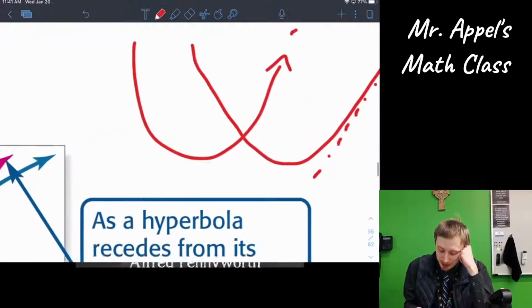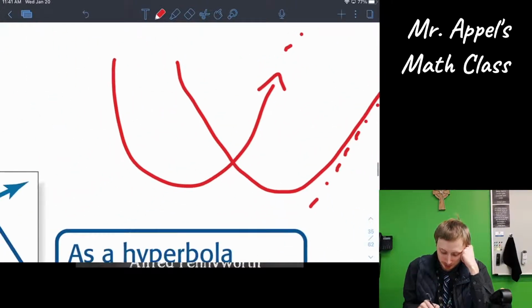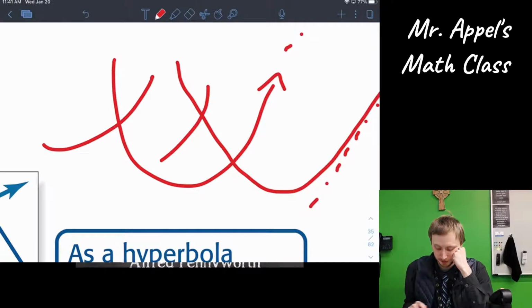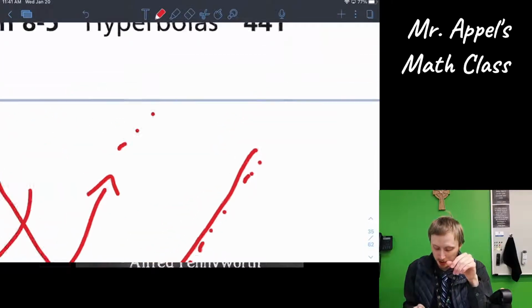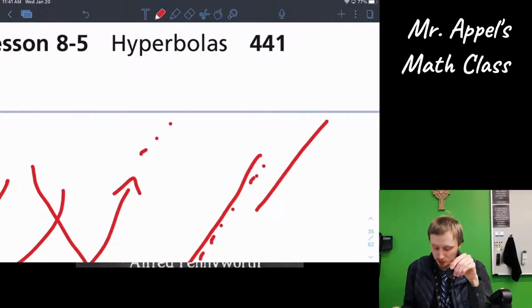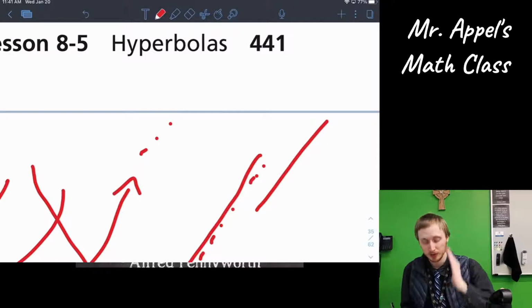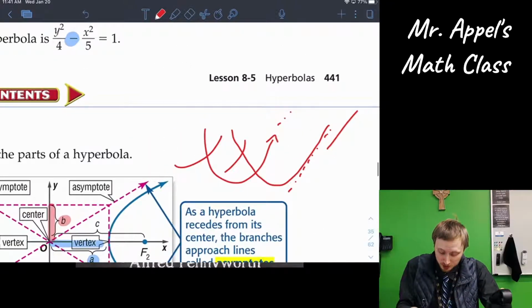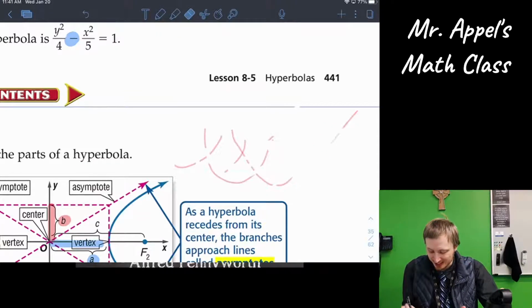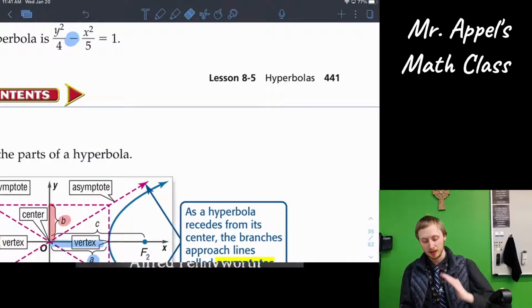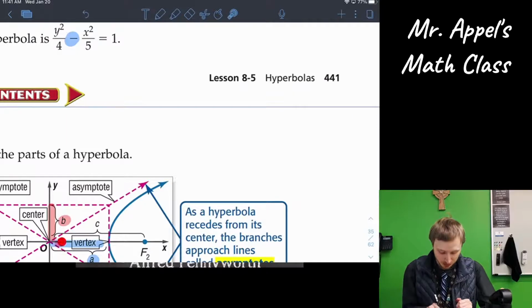Whereas the parabola, as you zoom in and zoom in and zoom in, you'll still have some curvature to it. A hyperbola, on the other hand, if you get way out there and you zoom in and zoom in, it starts to really look like a flat line, straight line, because it approaches that asymptote. It gets really, really close to being, but not quite exactly on that dashed line, that diagonal asymptote there.